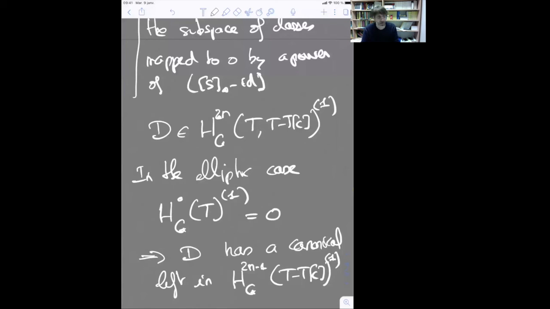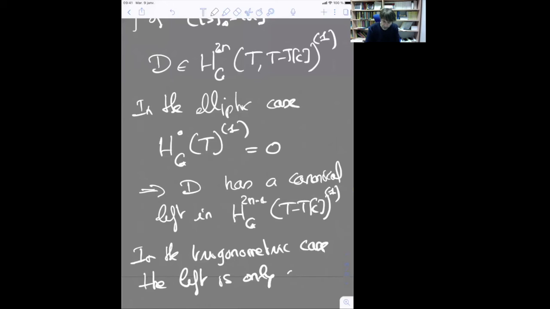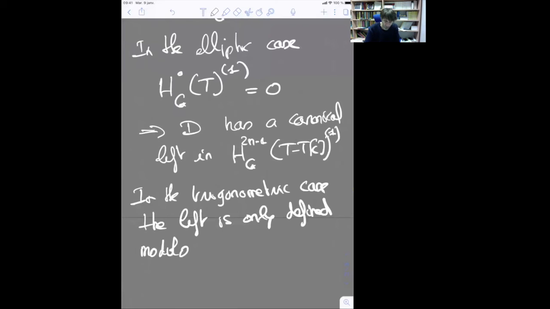In the multiplicative case, or in the trigonometric case, I mean, the lift is only defined modulo this part, which can be non-trivial because now T has a non-compact fiber.